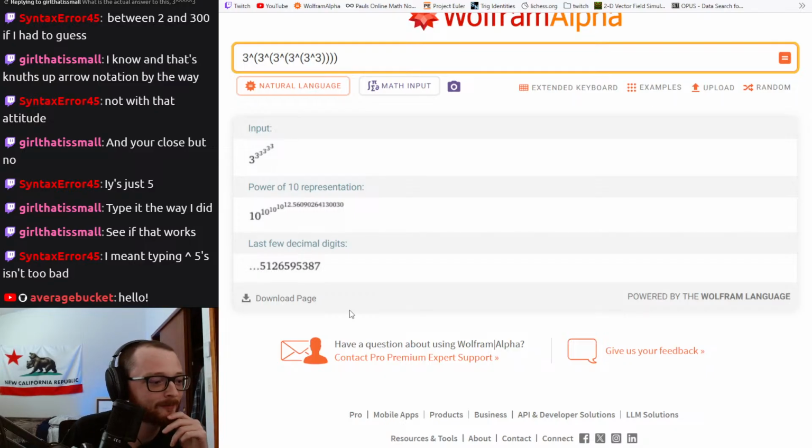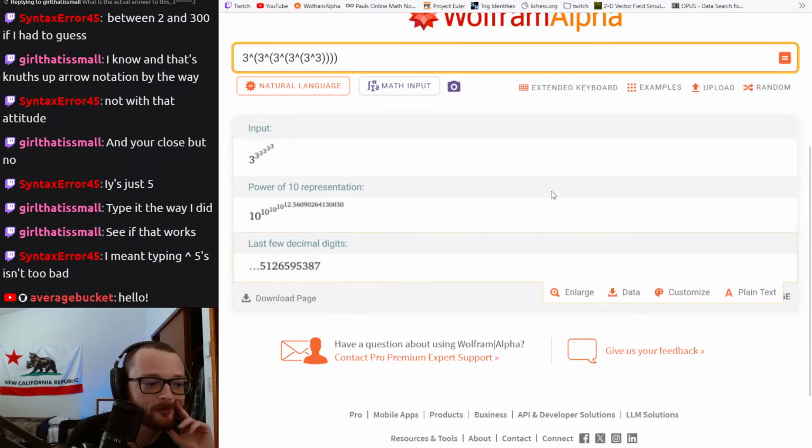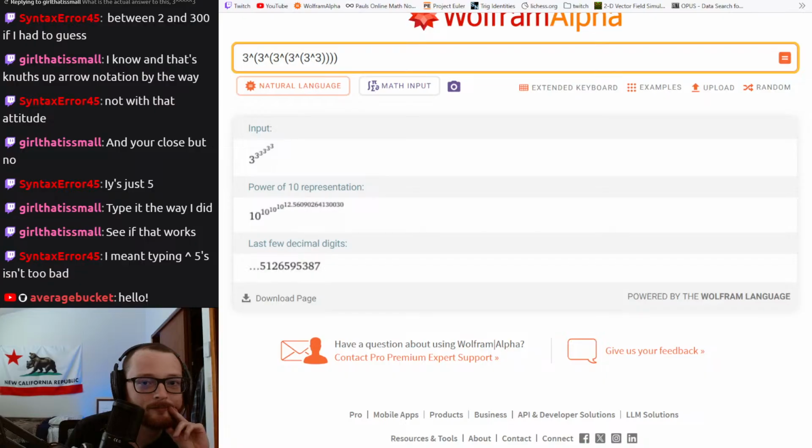Hey, average bucket. Oh, okay. Yeah, that makes more sense, syntax. I bet you could make a formula for what the last digit is based on how many powers of 3 you have.